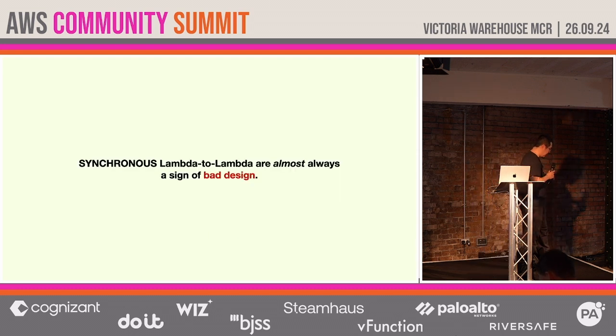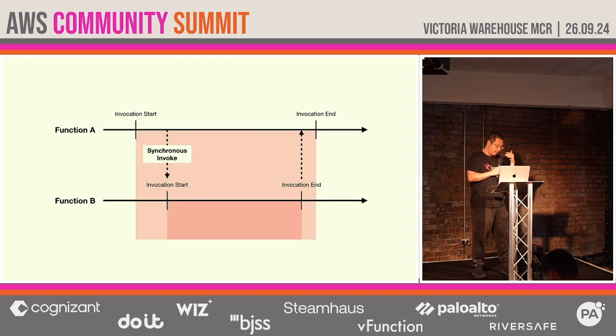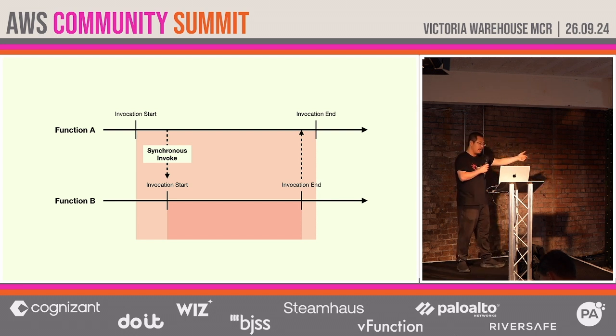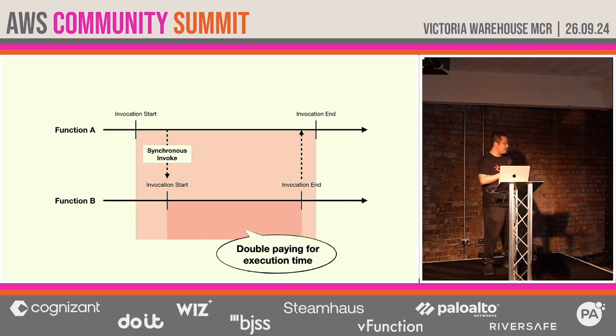What I want to tell you here is that synchronous Lambda-to-Lambda function calls are pretty much always guaranteed a bad idea. It's always a sign of bad design. As for cost, the reason is that when that first Lambda function calls the second one synchronously, so it's waiting for that second function to finish running and wait for the output, you are paying for the execution time twice.